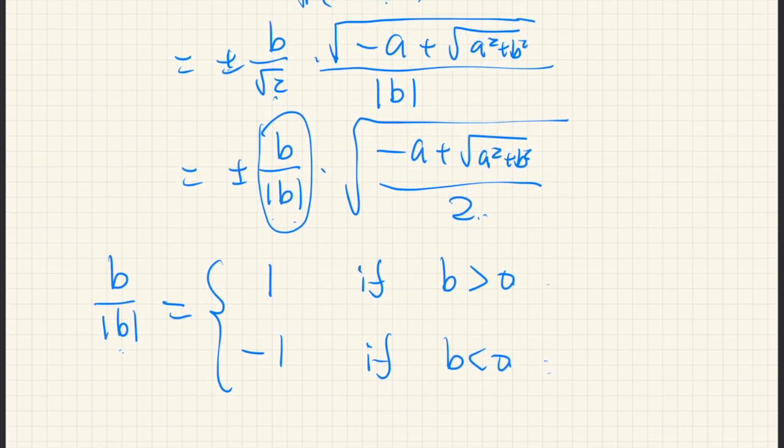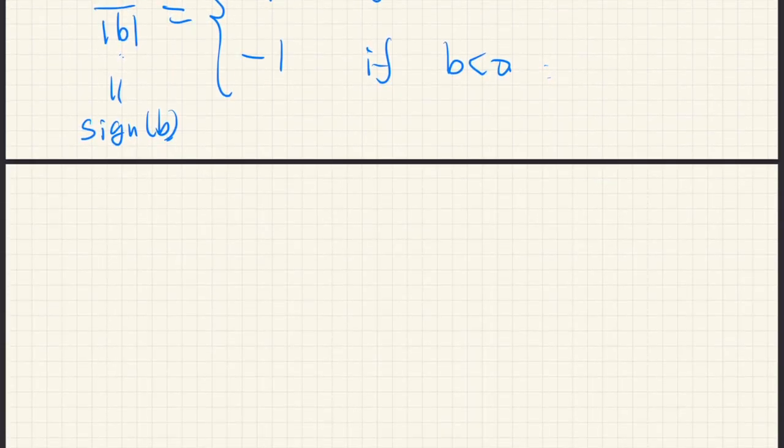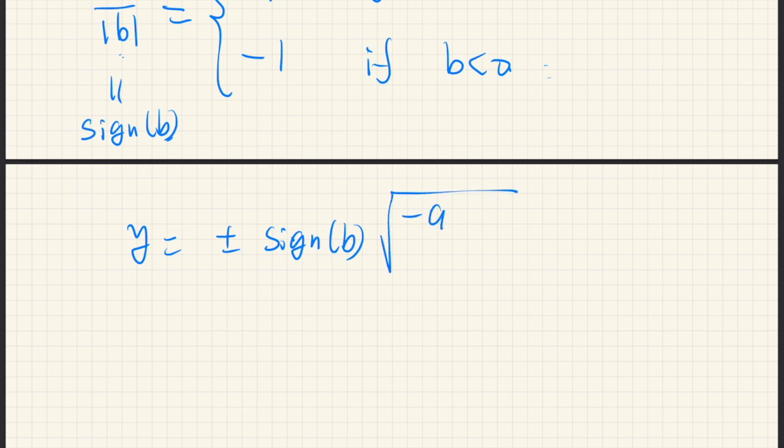Okay, so let's name this as a function, sign of b. This way we can write y as plus minus sign b times this.